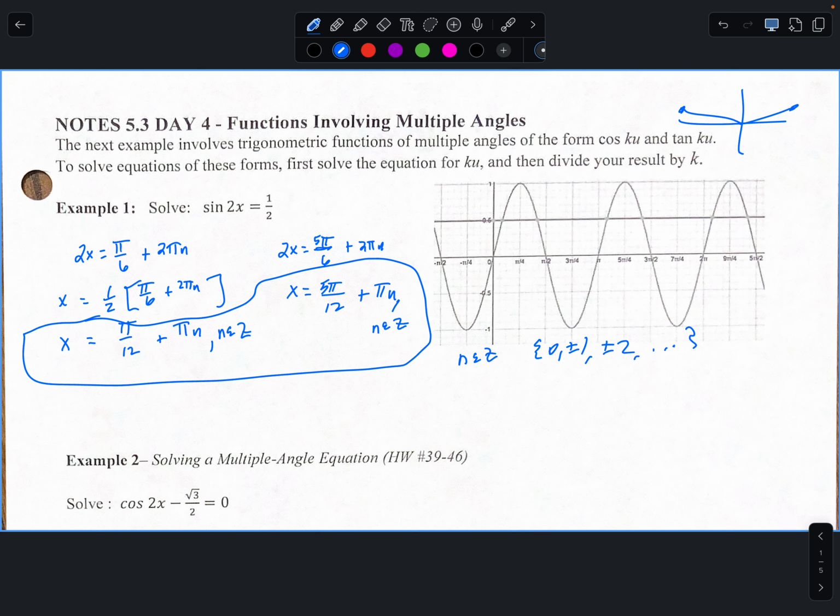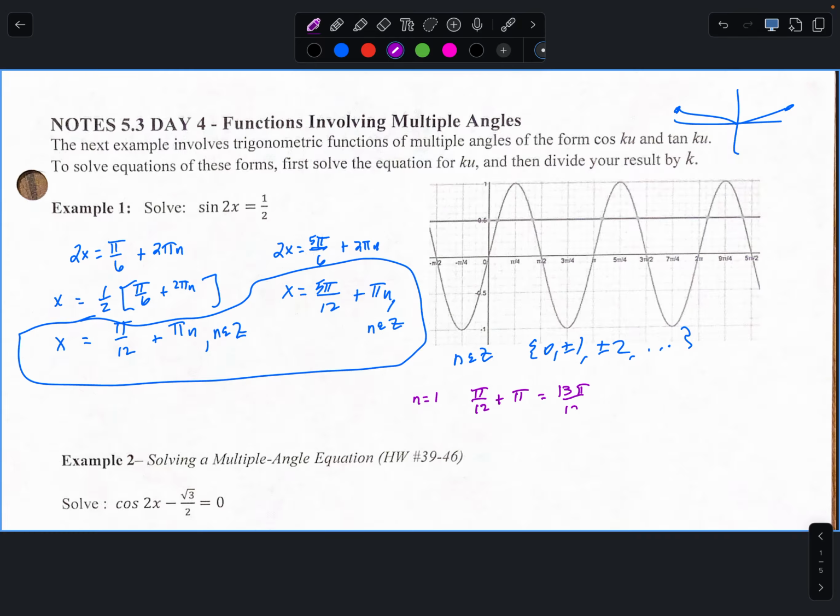If I let n be 1, I get pi twelfths plus pi, which is going to be 13 pi twelfths. And I get 5 pi twelfths plus pi, and I get 17 pi twelfths.